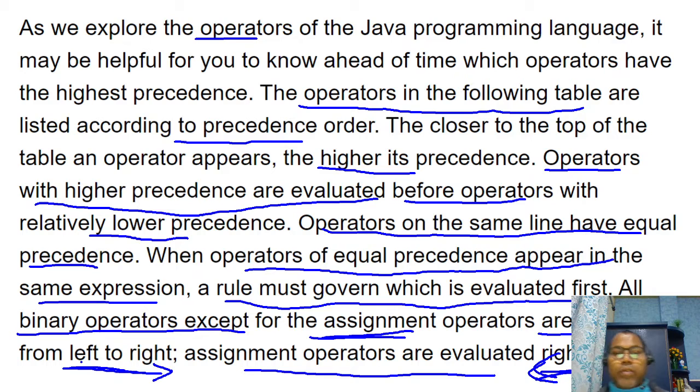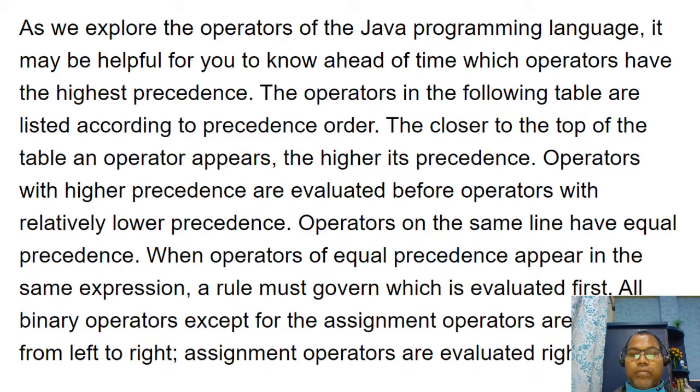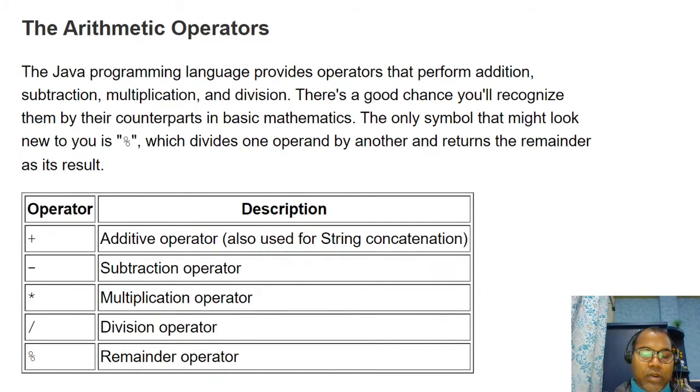So this is the theory, but you should know how it works. Let's discuss one by one in detail. First, all the operators are logically grouped into categories like arithmetic operators, logical operators, and assignment operators. First, the arithmetic operators. Generally, we know these operators from mathematics. The plus operator is for addition of two numbers, the minus operator is for subtraction, and then the multiplication operator.